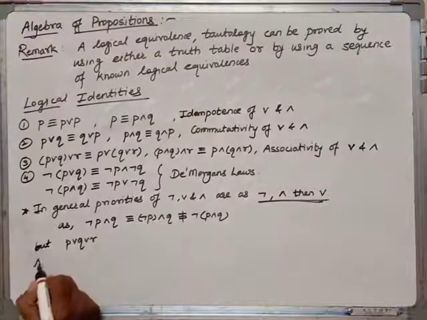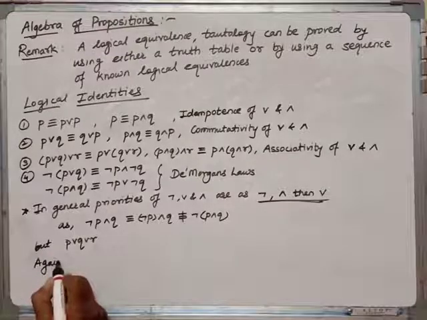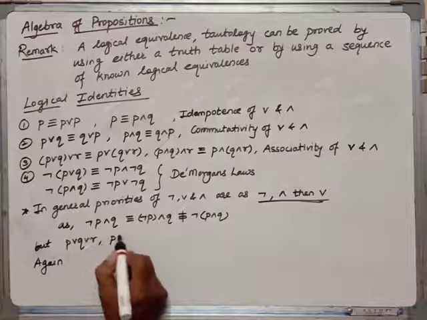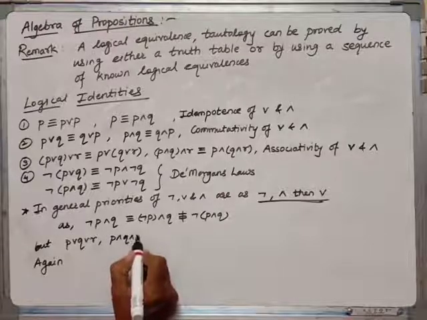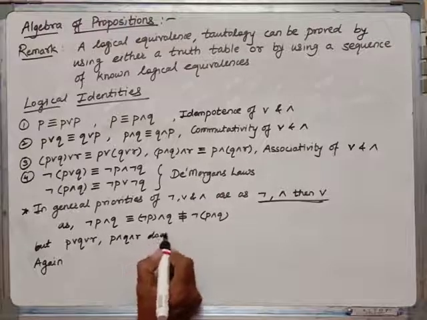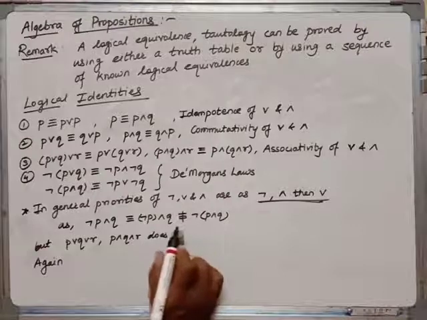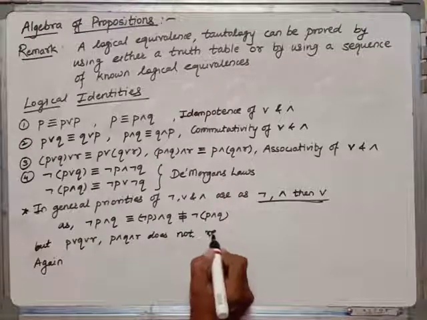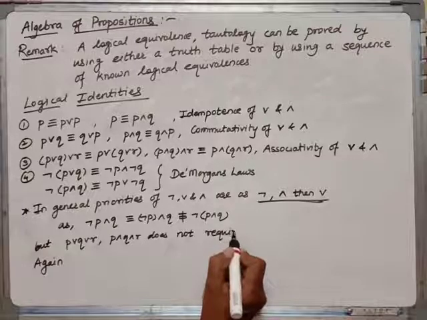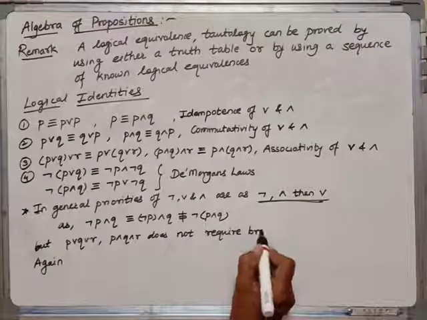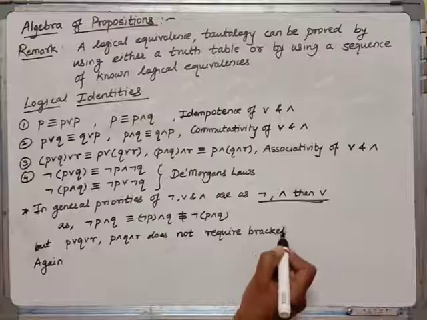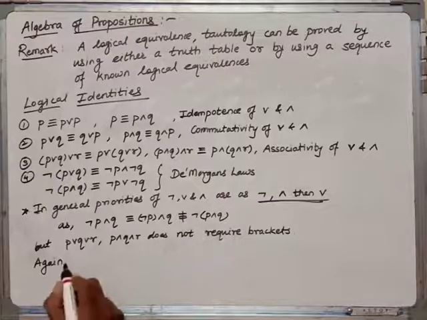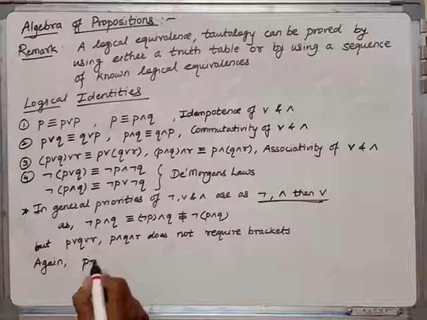Again, this is about associativity. Here I can say P and Q and R does not require brackets or the parenthesis. Again, but what about this?